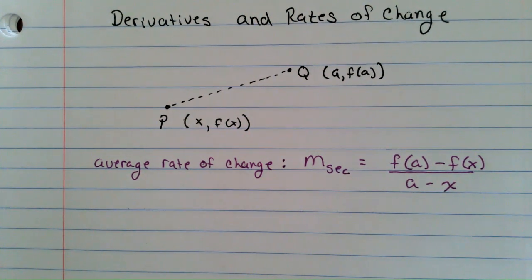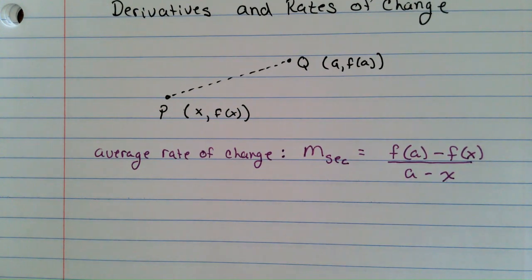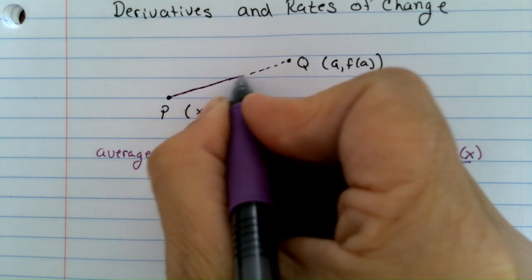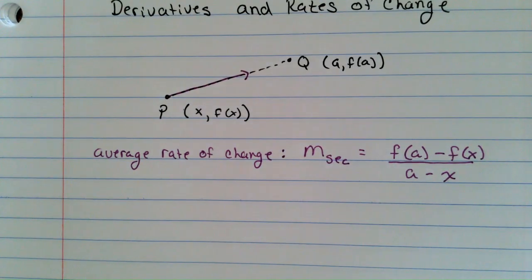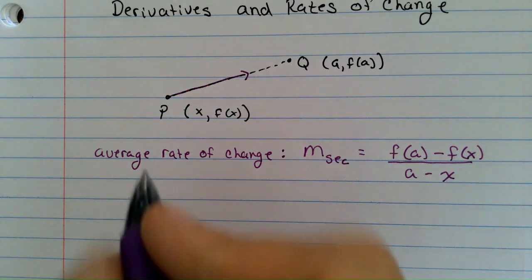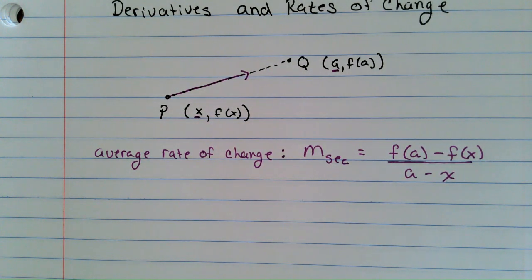Okay, what if, though, I moved P closer and closer to Q? What if this x value was almost that a value?